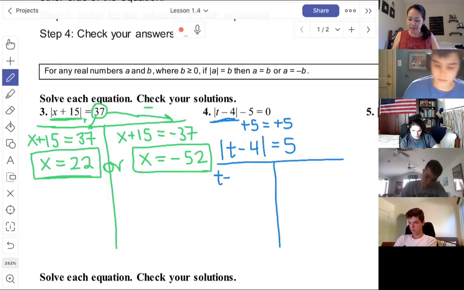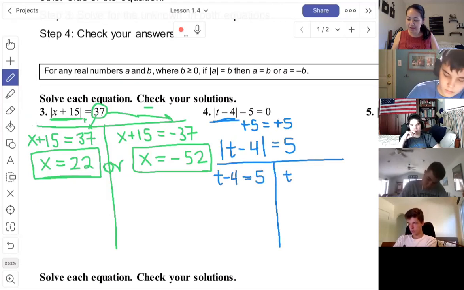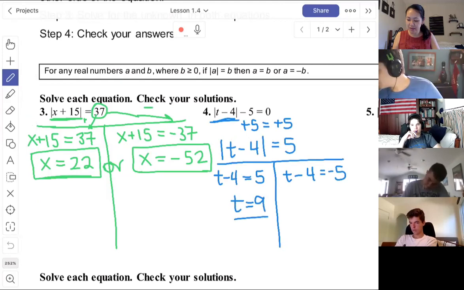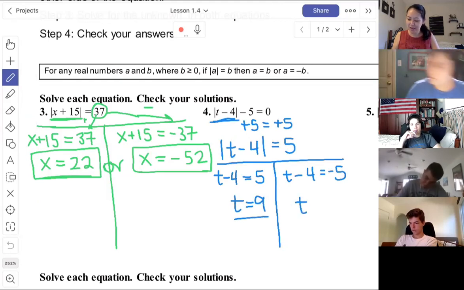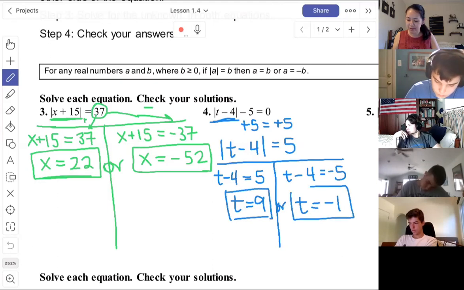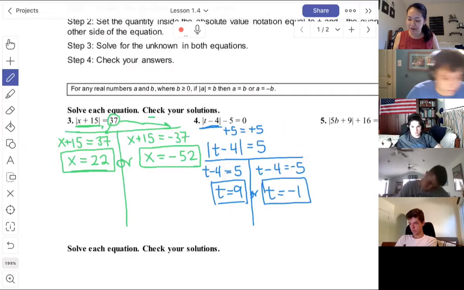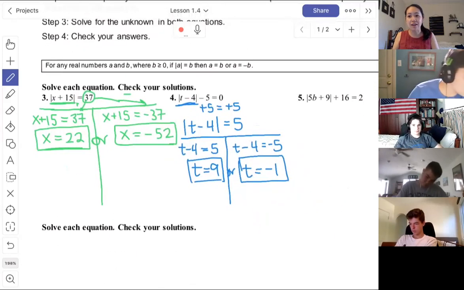And on the left-hand side, I got t minus 4 is equal to positive 5. Right-hand side, I got t minus 4 is equal to negative 5. Solve for t. And I get t is 9, negative 1. All right, and those are your 2 solutions. Okay, any questions so far?